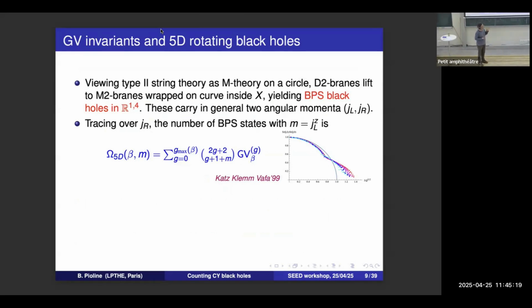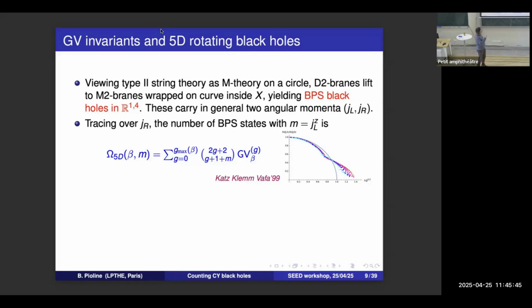And well, there is actually a very interesting prediction for the growth of such objects coming from thinking of these 4-dimensional black holes as coming from 5 dimensions. So you might know that string theory is in disguise an 11-dimensional theory called M theory, wrapped on some hidden circle. And so these 4-dimensional black holes actually lift up to 5-dimensional black holes with some angular momentum.